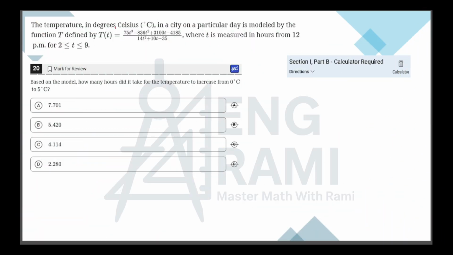The temperature in degrees Celsius in a city on a particular day is modeled by the function T, defined by T of t equals 75t to the power 3 negative 836t to the power 2 plus 3100t negative 4185 over 14t squared plus 10t negative 35, where t is measured in hours from 12 p.m. for t greater than or equal to 2 and less than 9.